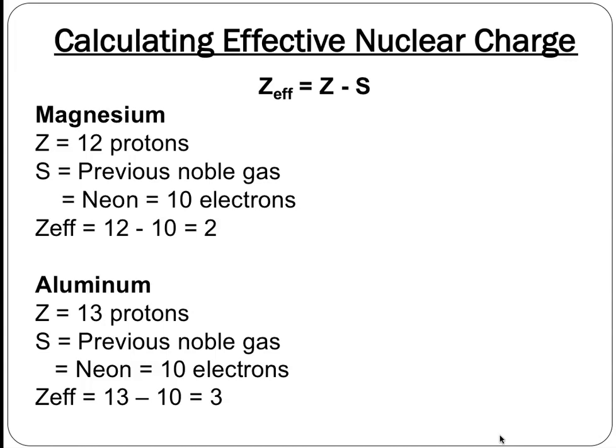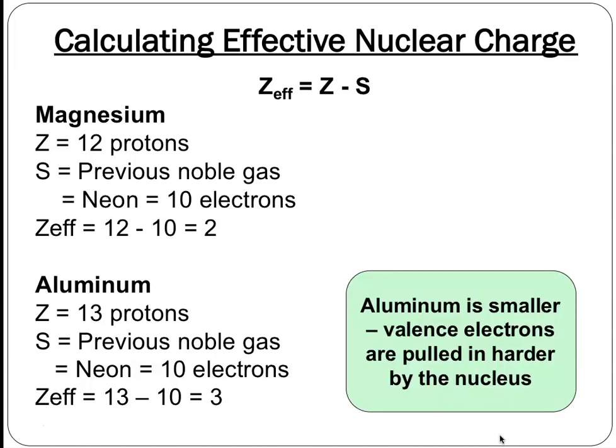Now, interestingly, aluminum and magnesium are in the same period of the periodic table. So they have the same number of inner core electrons. They have a different number of valence electrons, which leads to a different Z effective, which now can prove that aluminum is a smaller atom than magnesium because the valence electrons are pulled in harder because there is a stronger attraction from the nucleus.